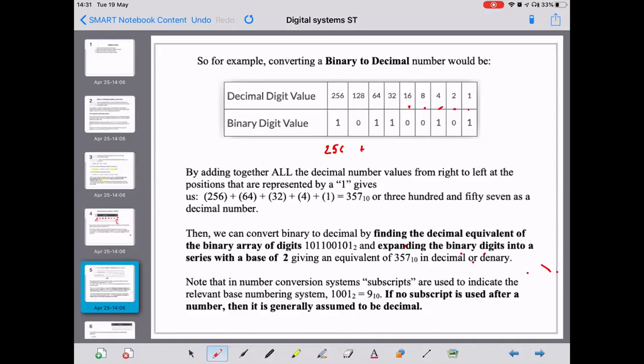We've got a plus 64 because we've got one of them. We've got a plus 32. We've got no 8s, no 16s. We've got a plus 4 and a plus 1. We add all of them up and that equals 357 base 10.